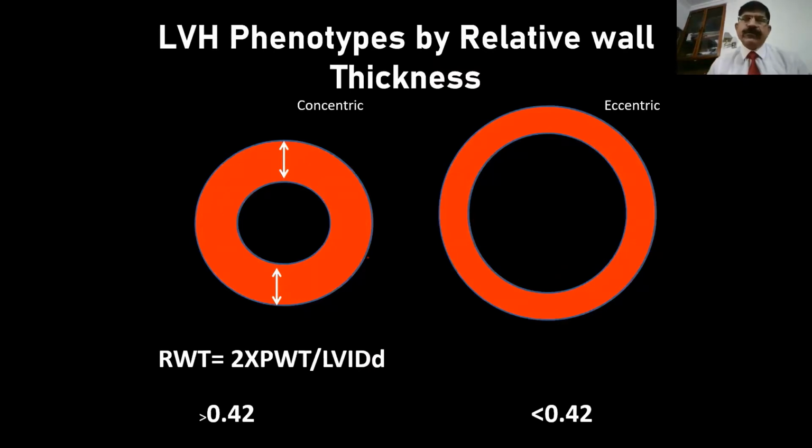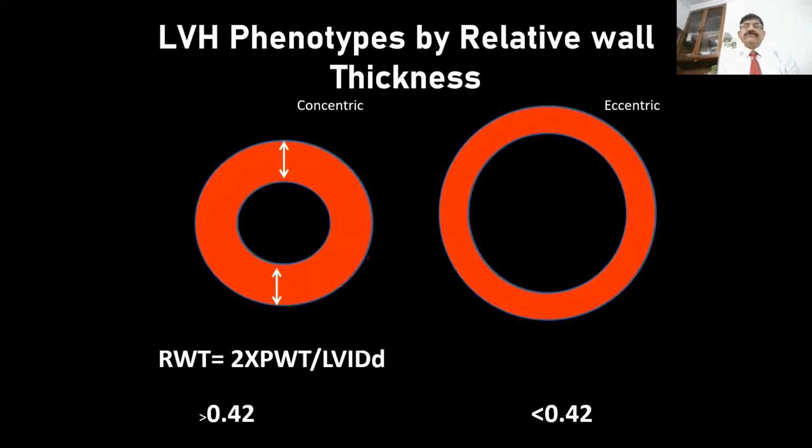From our viewpoint, left ventricle thick wall or hypertrophy is of two types. Concentric hypertrophy, where left ventricle mass is increased and the relative wall thickness exceeds 42%. You have another variety, eccentric hypertrophy, where the relative wall thickness is less than 42%.